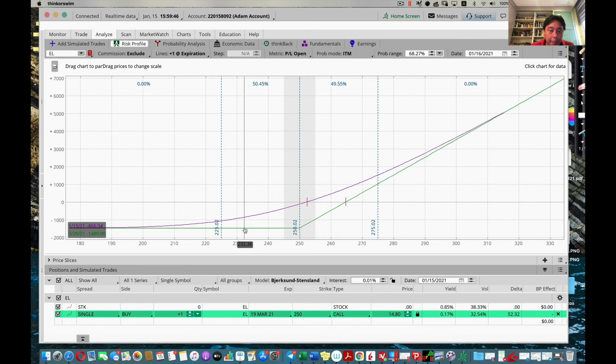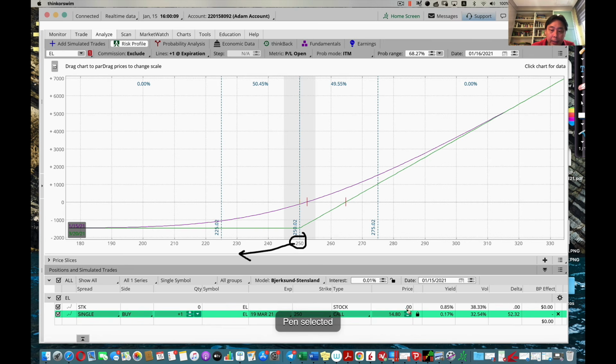You can see that if you let it expire, if the stock price remains at 250 or it falls below 250 and you let it expire, it will hit the green line. And the green line is 1480.